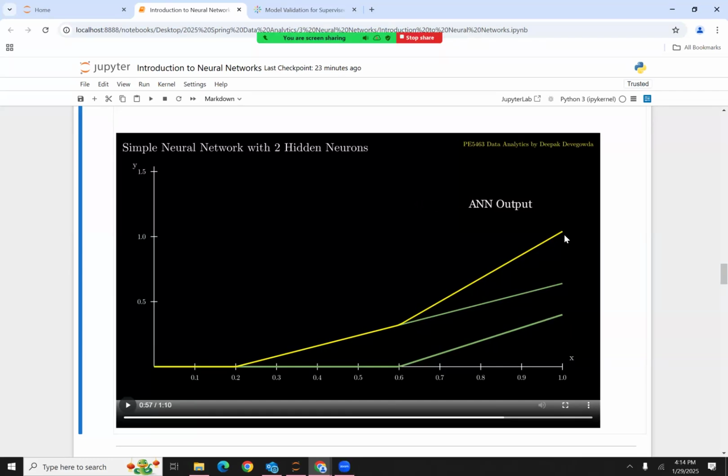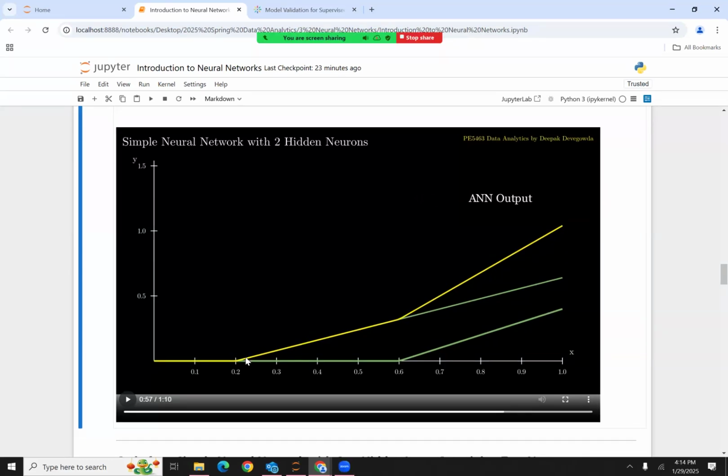So you can see that the output of the neural network is the sum of the output from neuron 2 and neuron 1. Both of them are 0 over here. So the neural network output is exactly 0. After that, the output from neuron 1 continues to be 0.